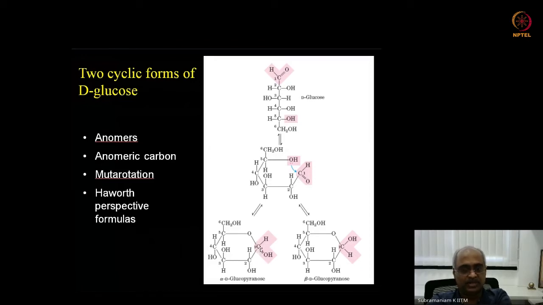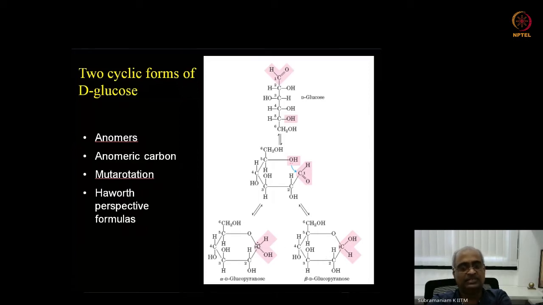Two sugar molecules, for example these two, differ only in the orientation of the substituents on this carbon. The orientation of all other groups on the other carbons is the same. Only here it differs. And sugar molecules that differ in this fashion are called anomers.